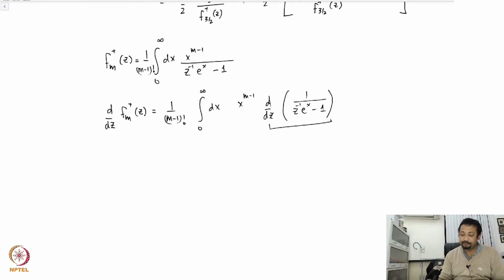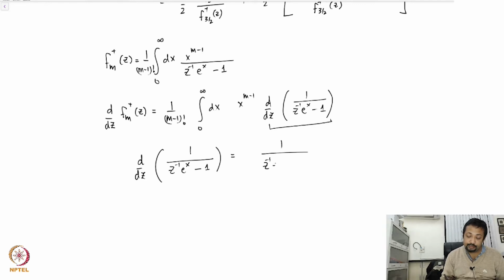Let's do this. There is a simple way of doing it, but I want to illustrate this. So d/dZ of 1 over (Z inverse e to the power x minus 1) is going to be 1 over (Z inverse e to the power x minus 1) whole square, and then I have d/dZ of (Z inverse e to the power x minus 1), which is 1 over (Z inverse e to the power x minus 1) whole square.